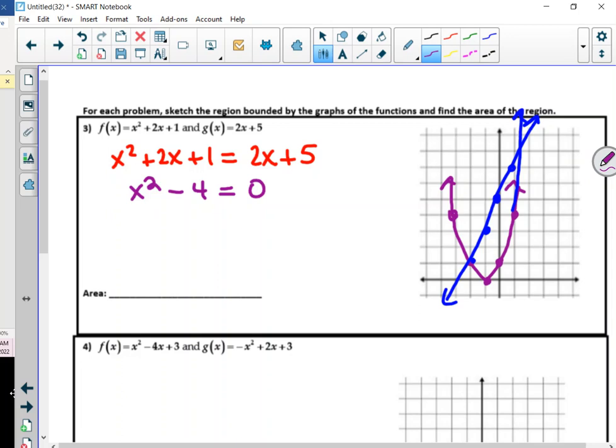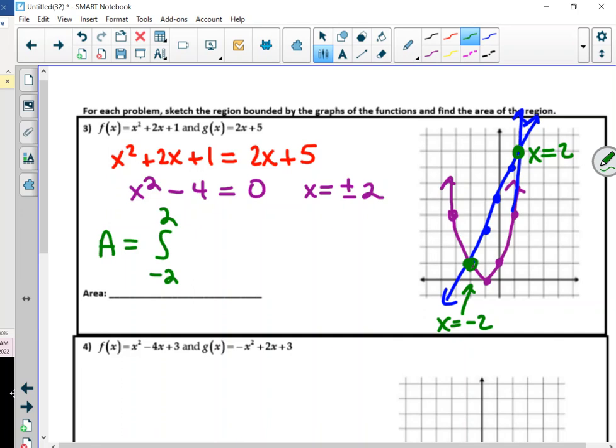Solving that quadratic equation, the solutions are plus and minus 2, which is exactly where these two functions intersect, at -2 and at +2. No reason for us not to use the graph since we are making the graphs and we have the ability, but if we had to do this ourselves without any technology help, we could still make sure our graphs are accurate in that they intersect at -2 and 2.